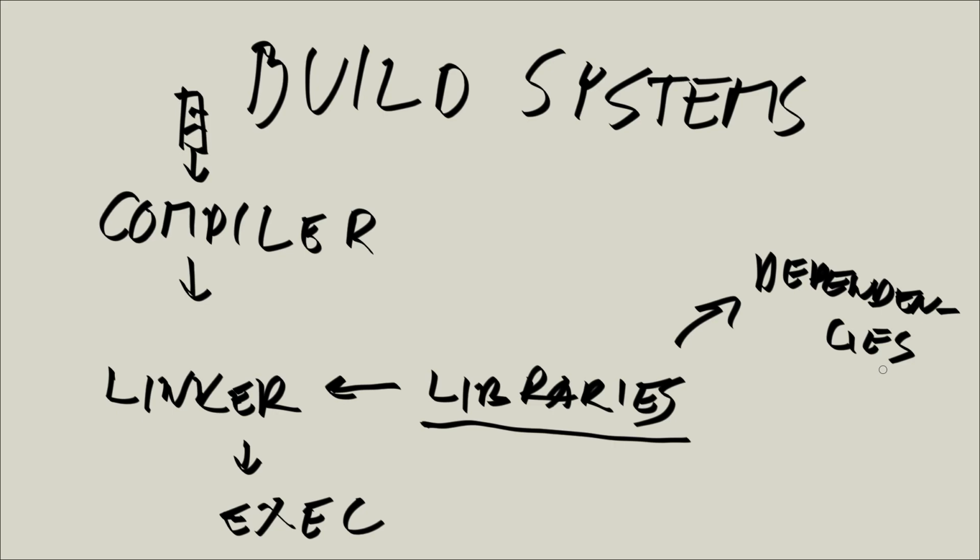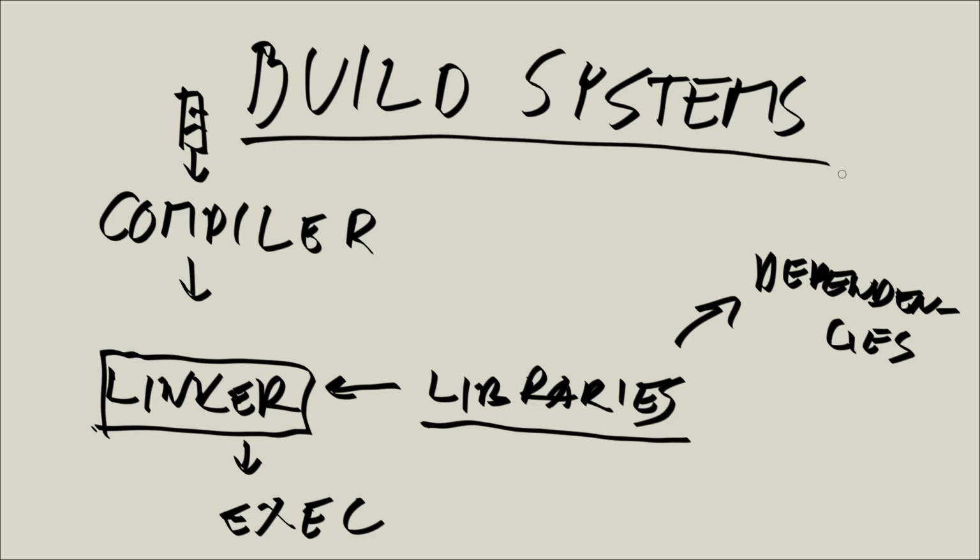So if we had to manually, let's say, somehow tell the linker, okay, you should link this library, you should link that library, etc. Well, it would be very tedious if we had to manually link all of those thousands and thousands of libraries by ourselves. And we don't like tedious things, so that's where build systems come in.